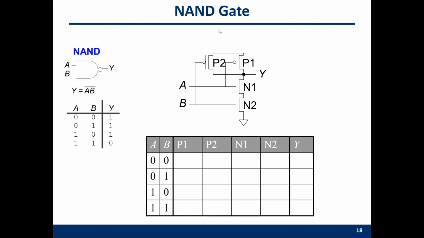And this is a complex example. It includes two PMOS and two NMOS. And this gate is so-called a NAND gate.